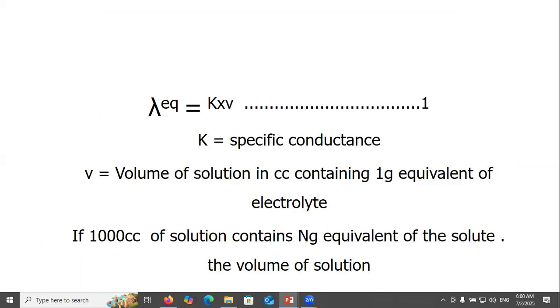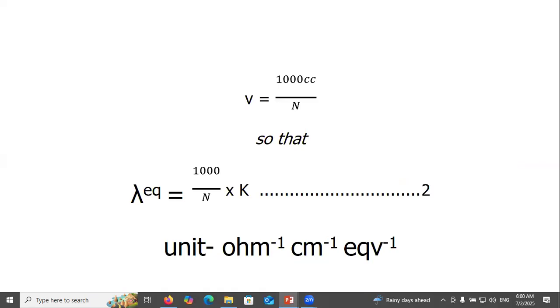Lambda eq equals K into V, where K is specific conductance and V is the volume of solution in cc containing 1 gram equivalent of electrolyte. If 1000 cc of solution contains n gram equivalent of the solute, the volume of the solution V equals 1000 cc over n, so that lambda eq equals 1000 over n into K. The unit is per ohm per cm per equivalent.